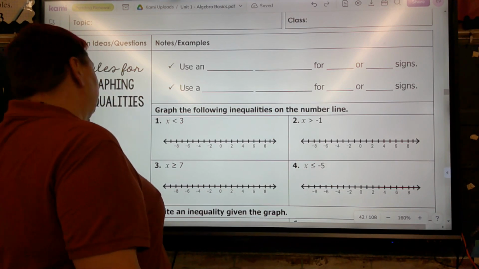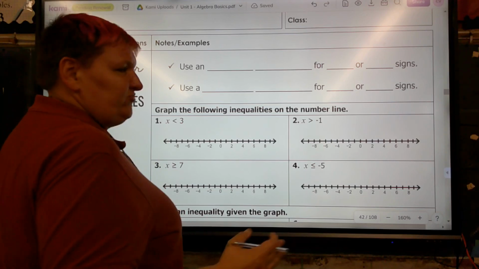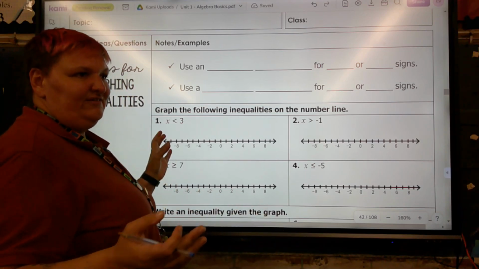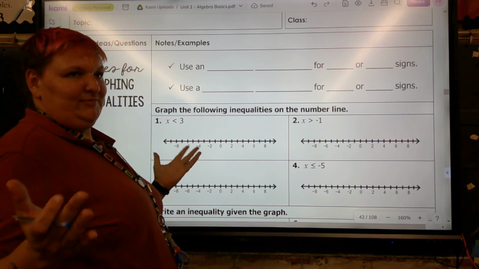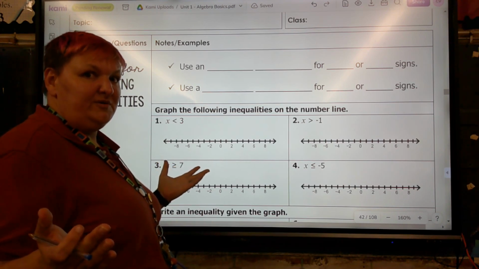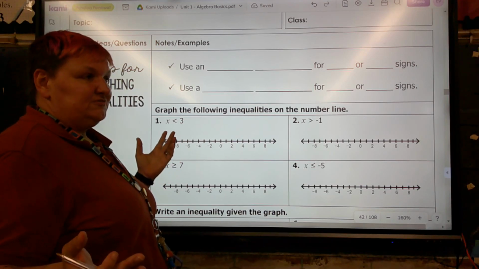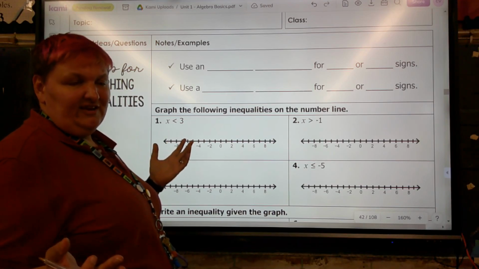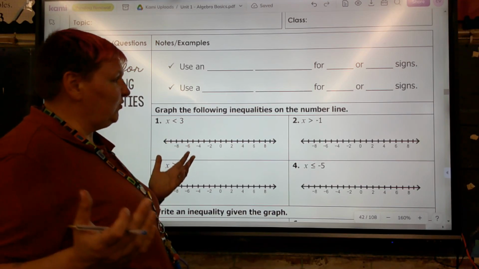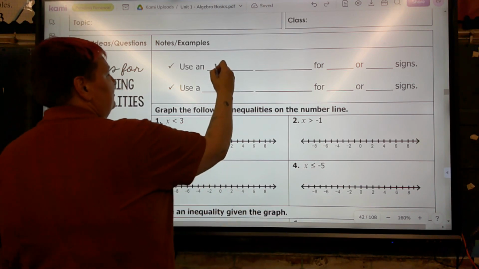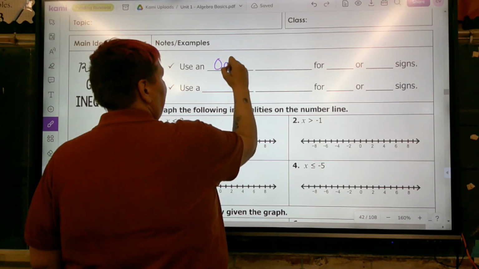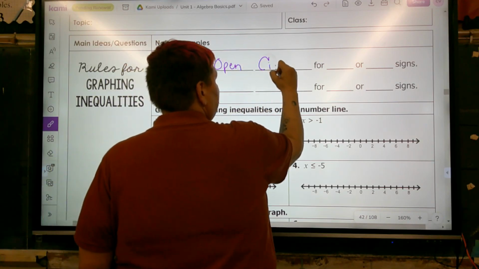Let's see. Rules for graphing inequalities. Remember, inequalities means that your left side and your right side are maybe not equal. Maybe we don't know because there's a variable. So sometimes we know that it's greater than or less than, and that's what we're working with. These are your guided notes.